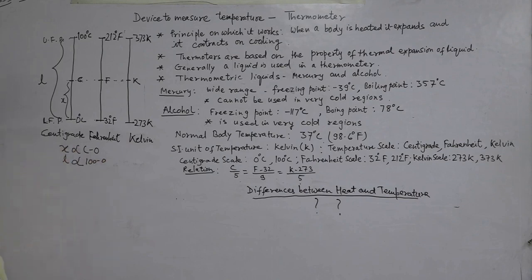No need to write 0, but I am writing it because for other scales there is no 0, so you have to understand that this is the difference we have to take: C minus 0 for X, and 100 minus 0 for L.